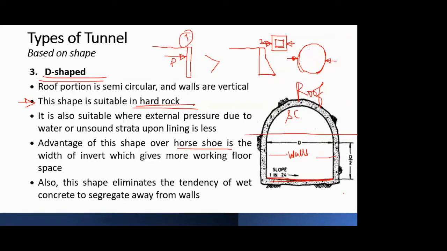In the case of an invert level, if you are excavating a huge tunnel and you have to fill it with 20% soil to make the invert level flat, there is no use in that. You are wasting money. Instead, if you go for a shape which already gives you a flat invert level, that is going to be economical.